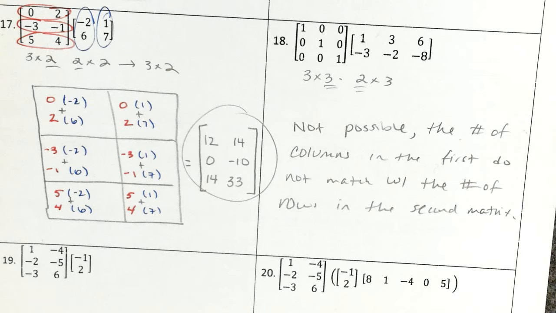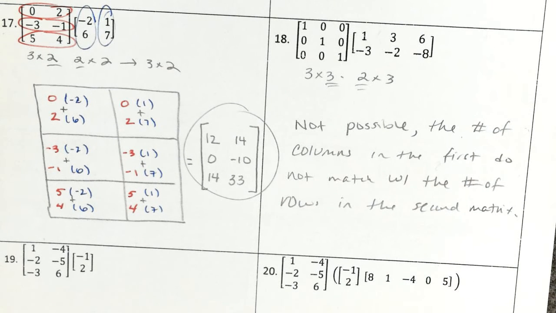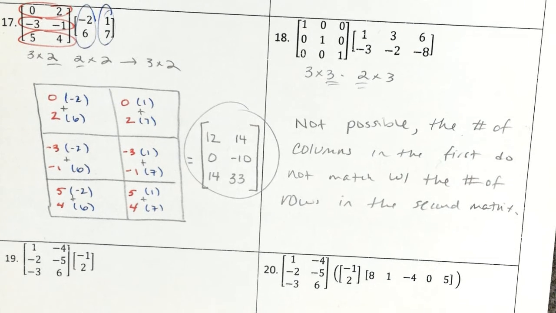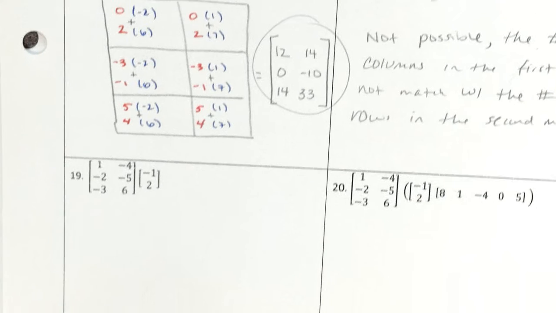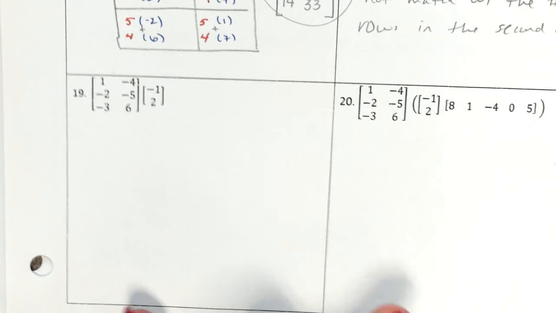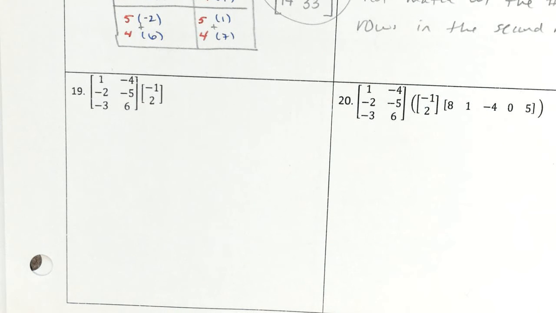All right, moving on to number 19 here. Can I scooch this over? Number 9. Let's see if you remembered your number. You came in late. What's my first step in multiplying these matrices? Writing out the dimensions.